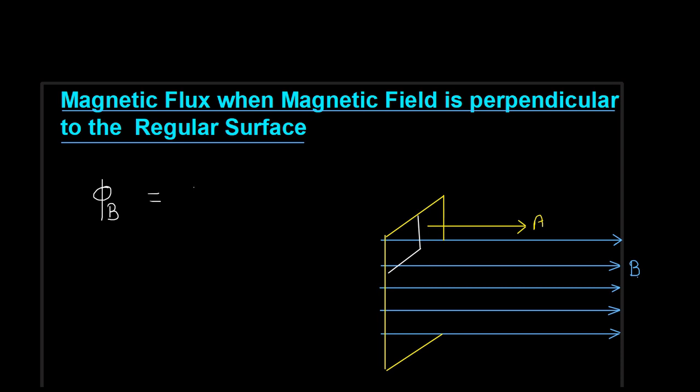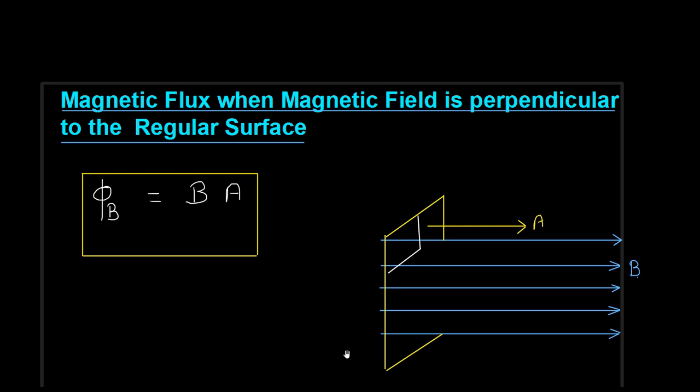So B is the magnetic field. If A is the area of the surface, then phi B is equal to the product of magnetic field and area of the surface.